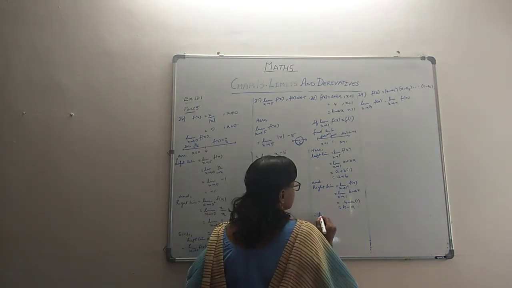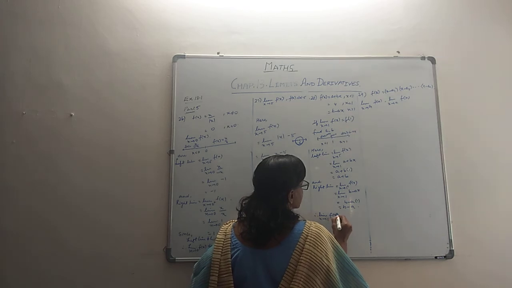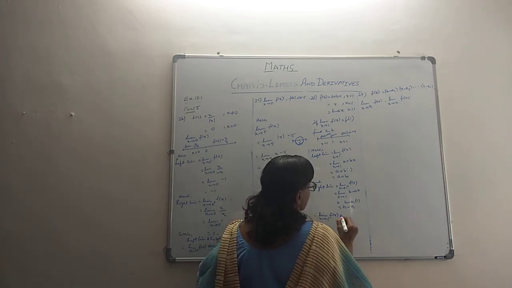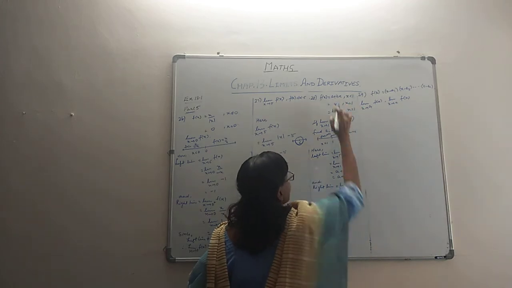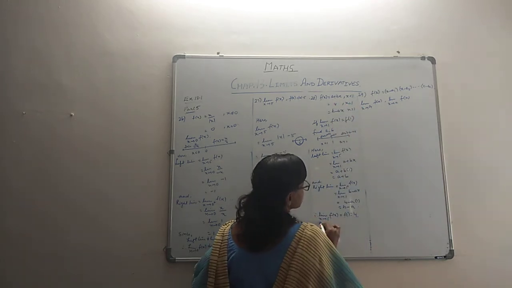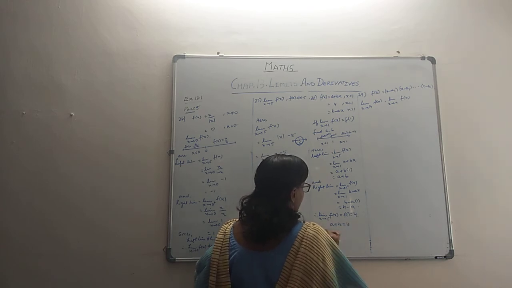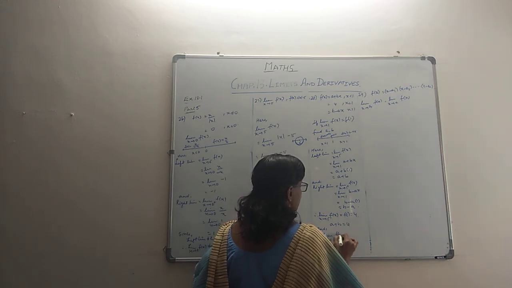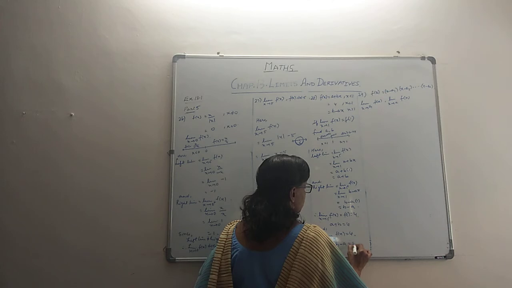Therefore, the limit as x tends to 1 of f of x from the left side is f of 1, which is 4. f of 1 means at 1, it is 4. So from the left side it is a plus b equal to 4, and from the right side, the limit as x tends to 1 plus of f of x is 4, which means b minus a is 4.